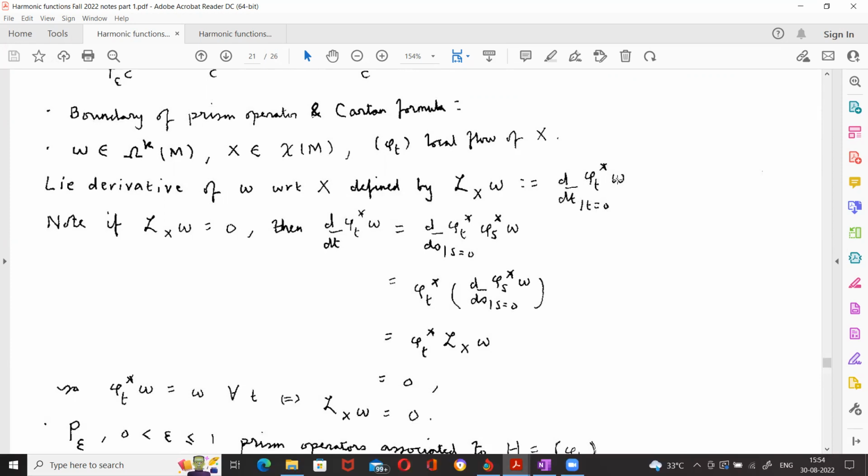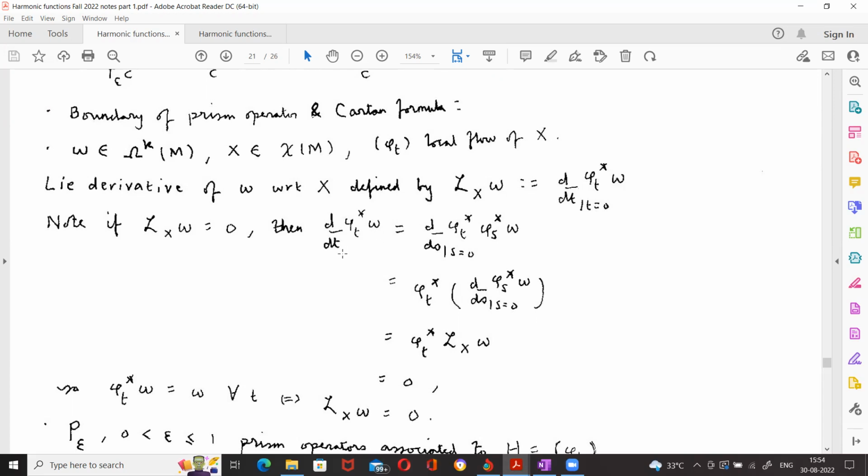And so pointwise, as t varies, I get a curve of k-forms at each tangent space. I just differentiate them pointwise at t equals 0. So this defines the Lie derivative.